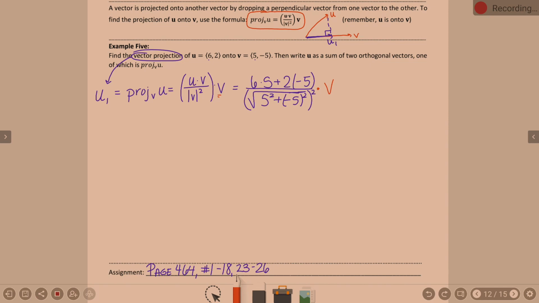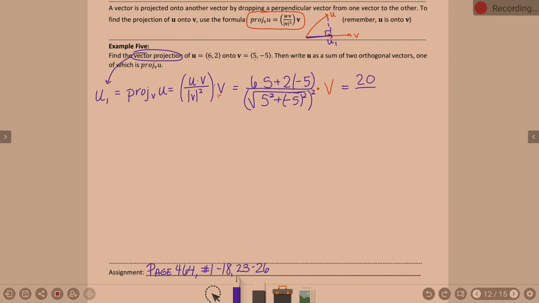Okay. Can we clean up this fraction? On top, 6 times 5 plus 2 times negative 5 is 20. On bottom, the square root of 5 squared plus negative 5 squared, quantity squared. 5 squared is 25.